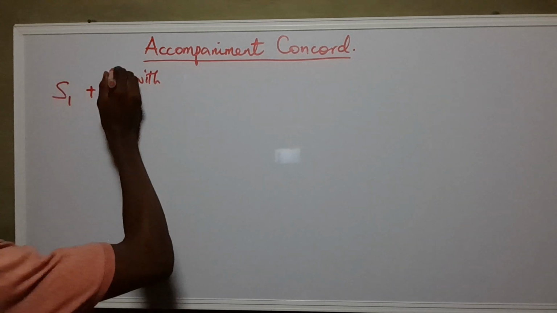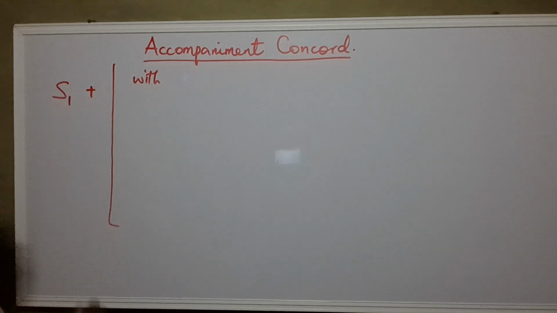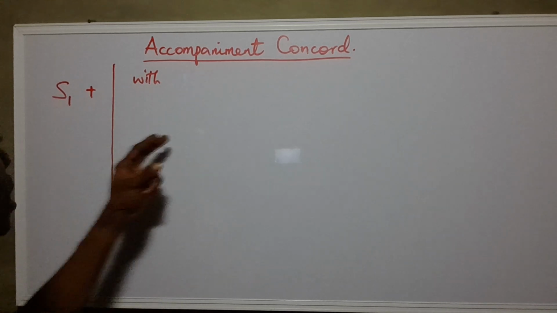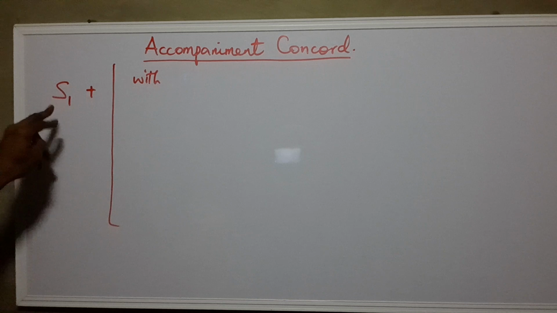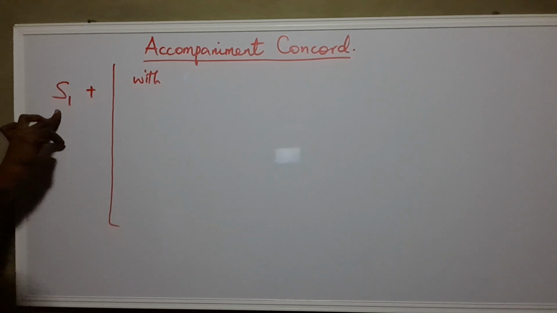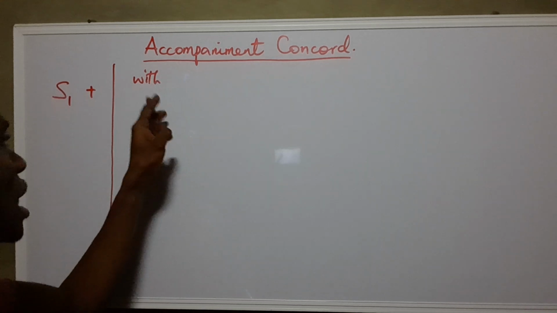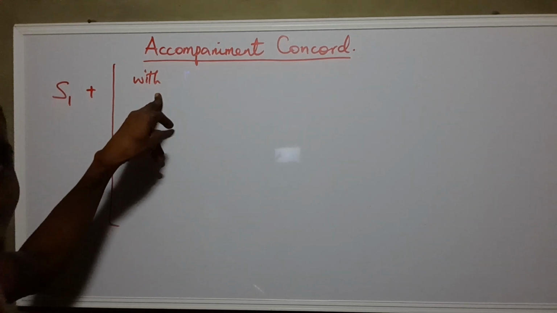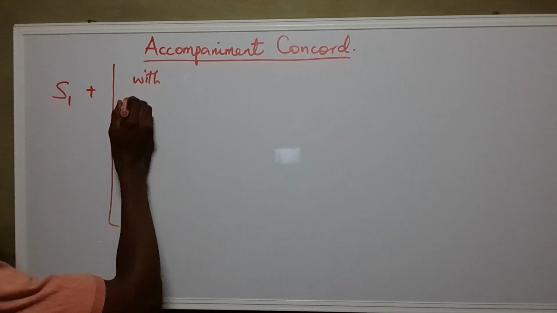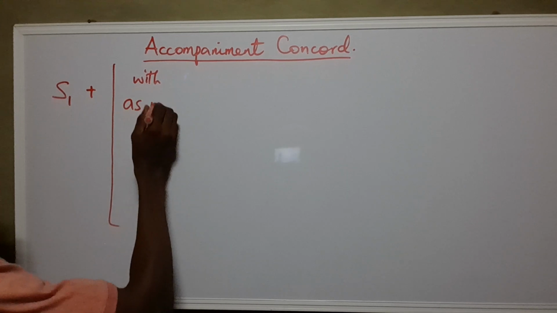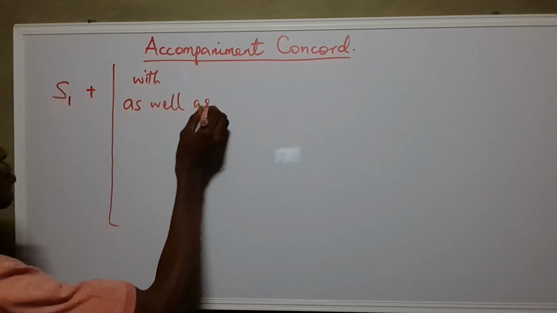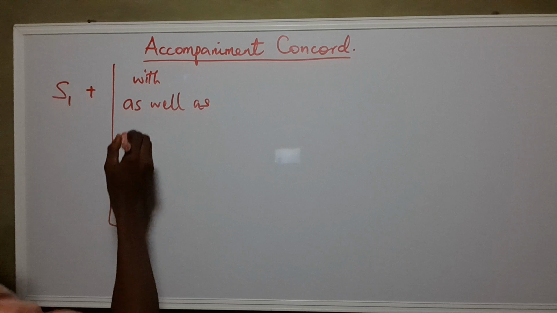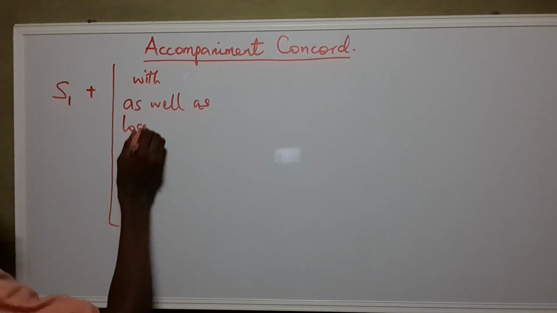If we have a subject, the first subject here is basically to be singular. Now we have other subjects that are joined to it with the word with. Apart from that, as well as. Apart from that, we may have together with.